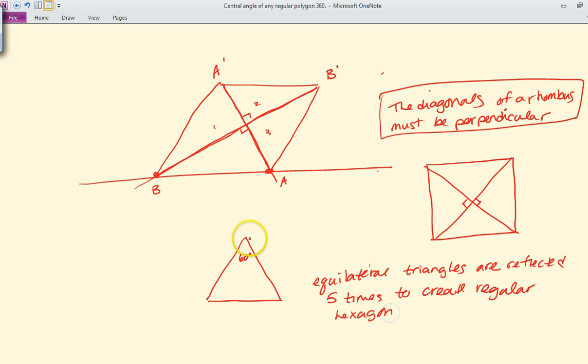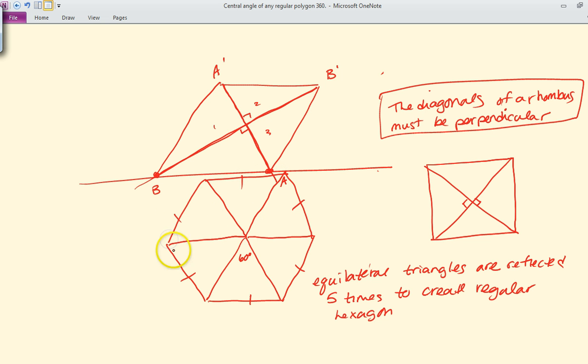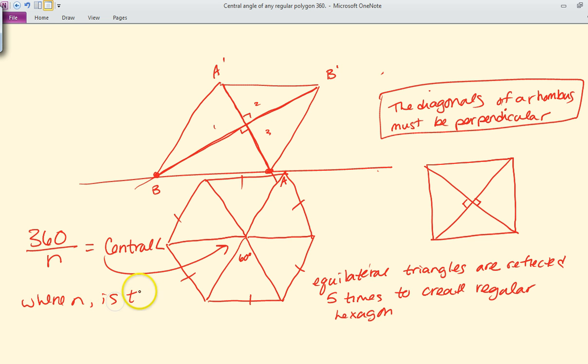Regular meaning all sides have the same length. Again, reflection symmetry assured that this figure would be regular. And you should be reminded that 360 divided by n equals the central angle, where n is the number of sides in the figure.